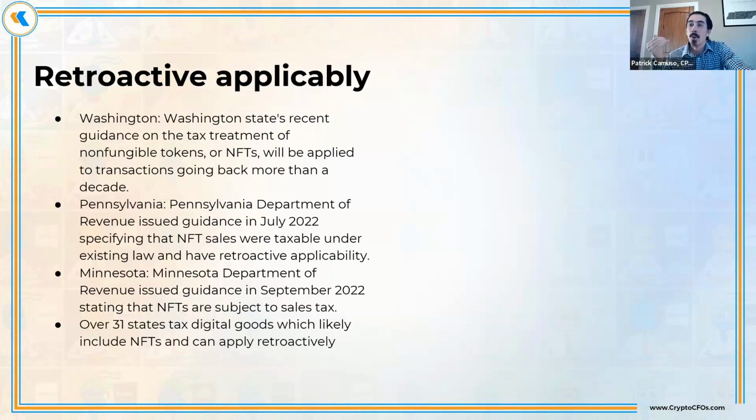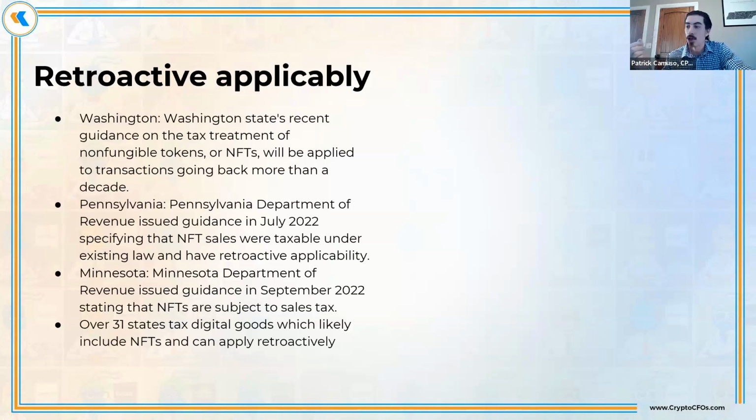Right now, the way that we've seen NFTs be added to the taxability in these states, Washington, Pennsylvania, and Minnesota, retroactive taxes are on the line for sellers that are within these states.